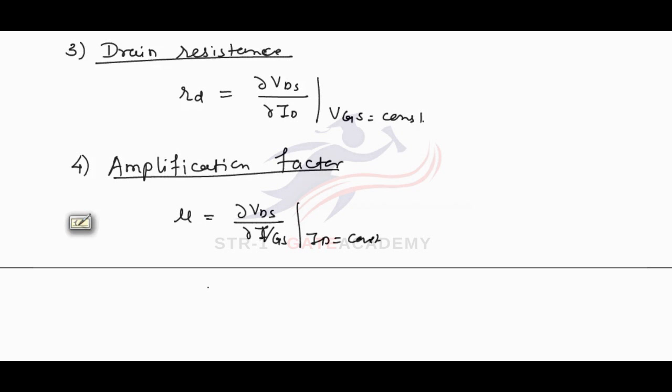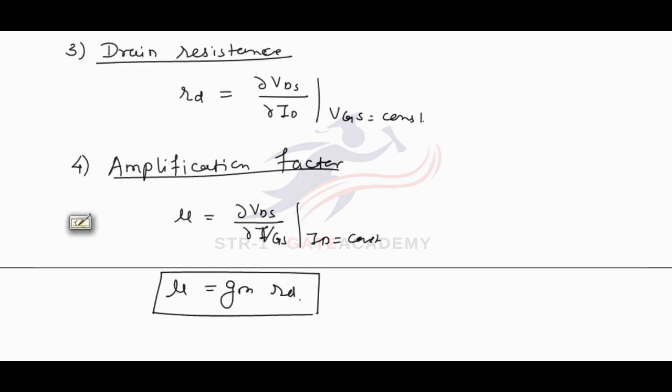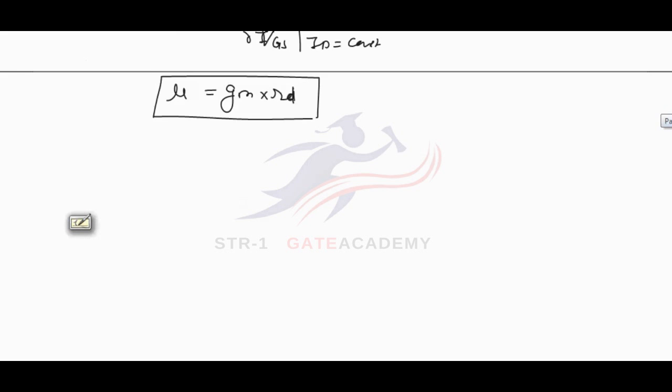And also it is written as mu equal to GM into RD. So the product of transconductance and drain resistance RD will be the amplification factor for JFET.